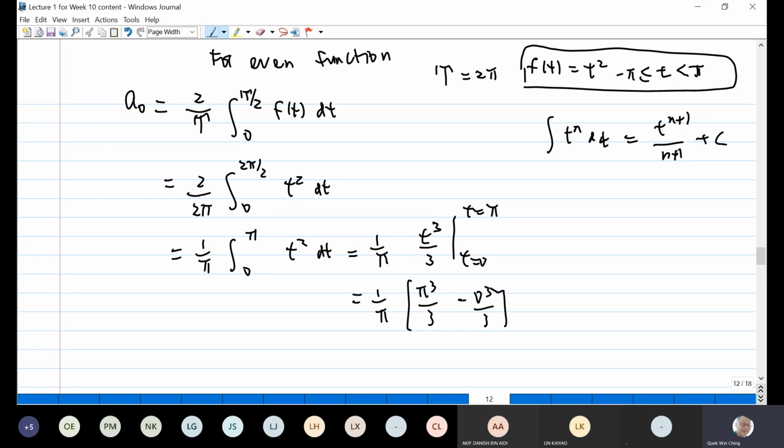Subtracting, this is 0. After cancellation, you get pi squared over 3. So this is A0, quite an easy formula. Apply the formula for an even function. For a general function, the usual formula is 1 over T, but for an even function, it's 2 over T, integrated from 0 to T over 2. This is A0.